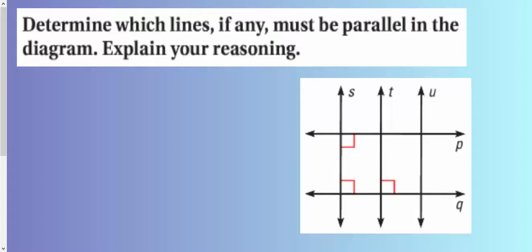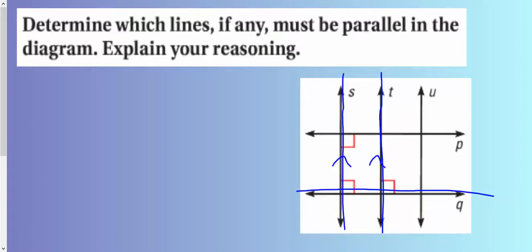Determine which lines, if any, must be parallel in the diagram. Explain your reasoning. Okay, so here we're going to apply the two theorems that we just talked about. I noticed that S and T are both perpendicular to Q, so S and T have to be parallel.